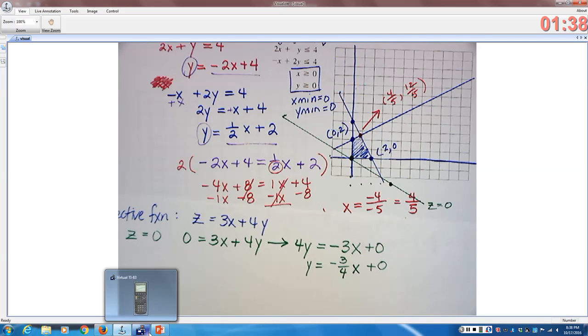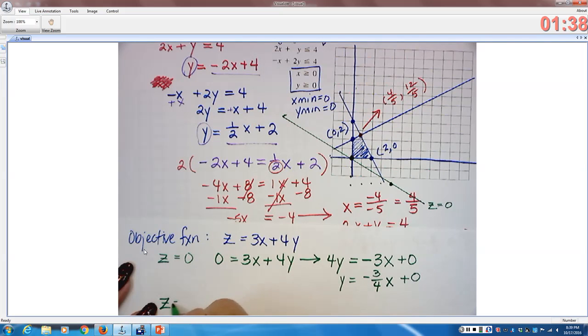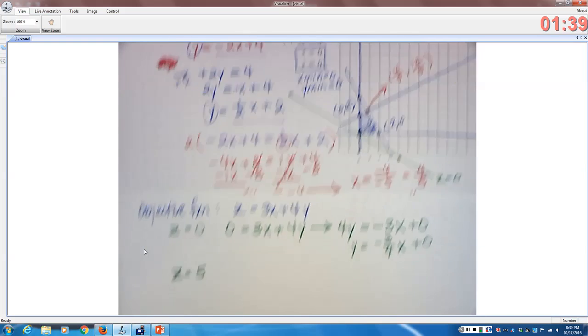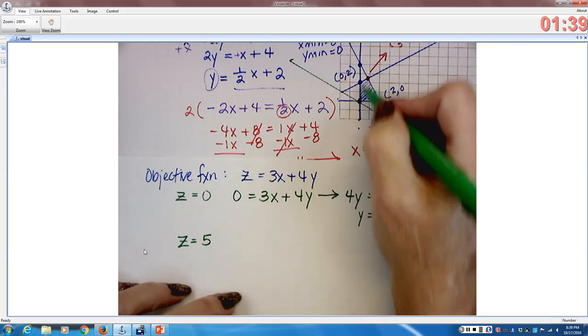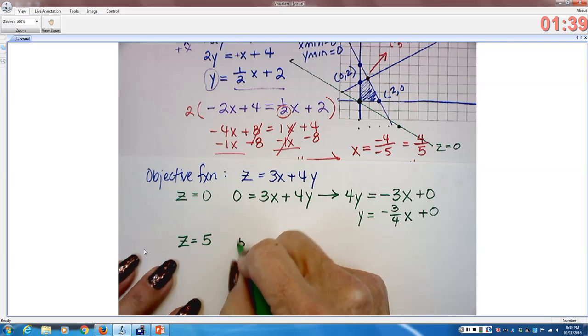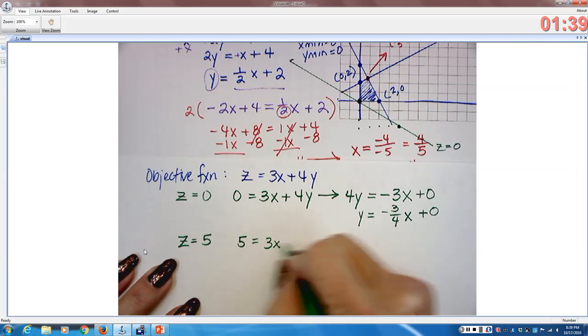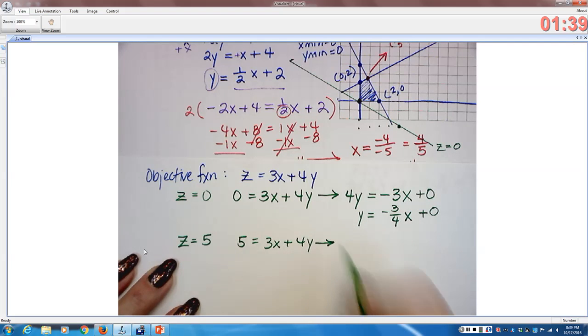Now here's what's going to happen. We're going to now choose z to be a bigger number, like 5. So nothing magic about 5, it's just that 5 is a bigger number and we want to move up. What we're wanting to do is move up the axis. So when we choose z equal to 5, 3x plus 4y is equal to 5.